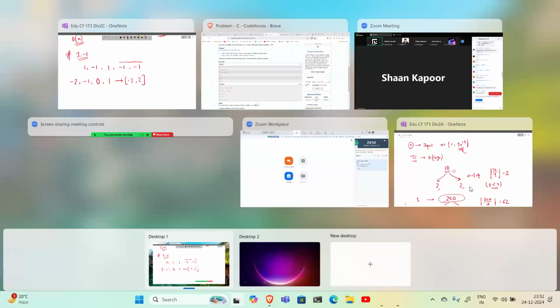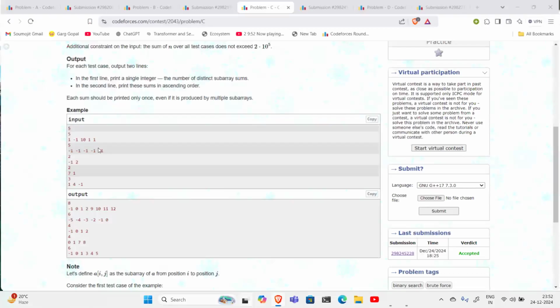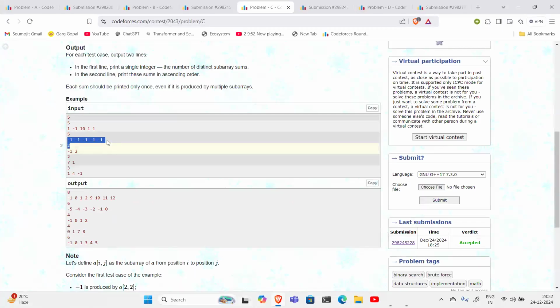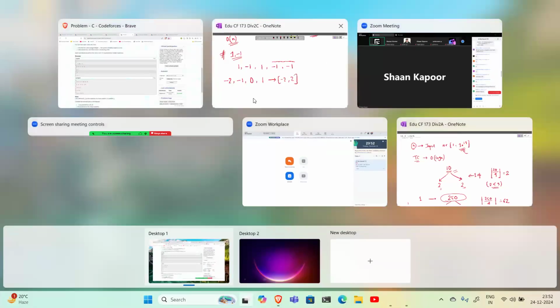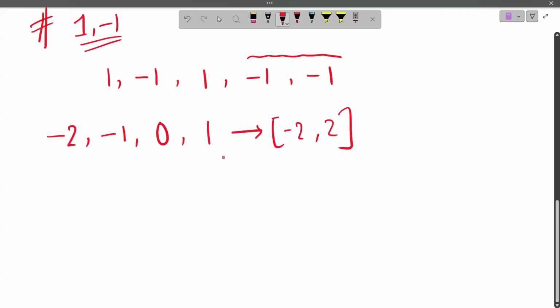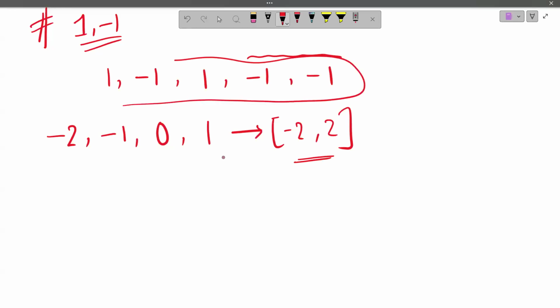Then there is one more example given here, that is 5 minus 1s just plugged together. And you can see that any sum from minus 5 to 0 is possible. So I developed an intuition that there is some contiguous segment of values which are possible. For this subarray, there is a contiguous set of values such that everything in between is possible.